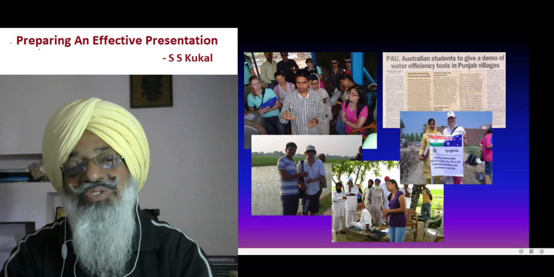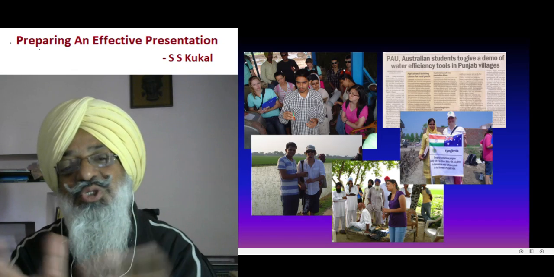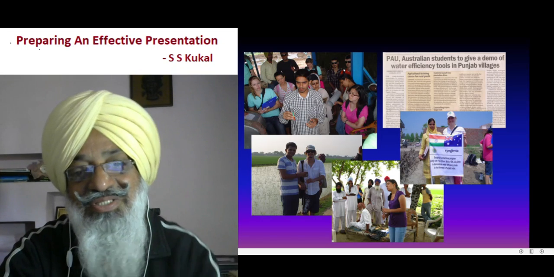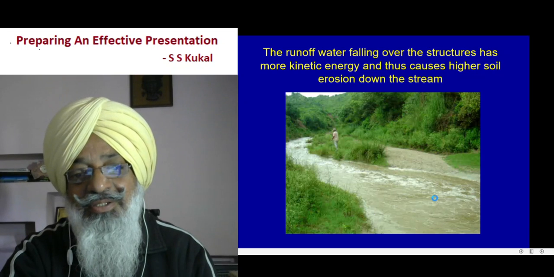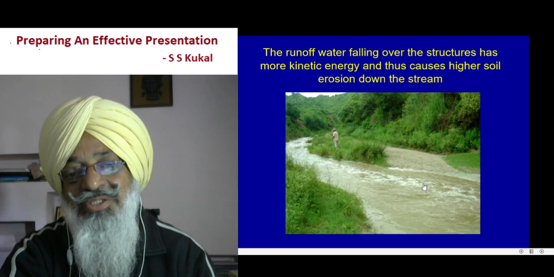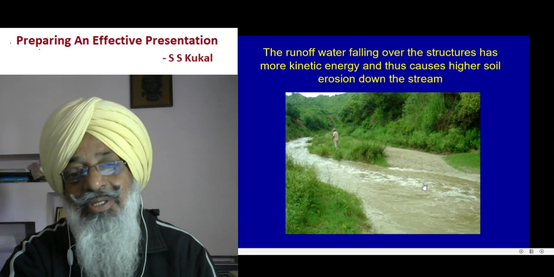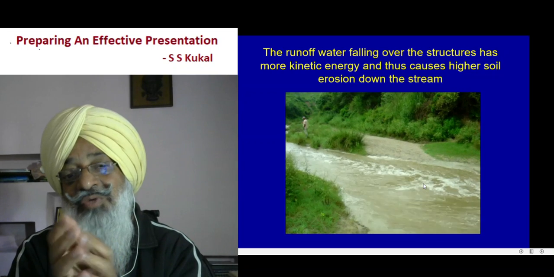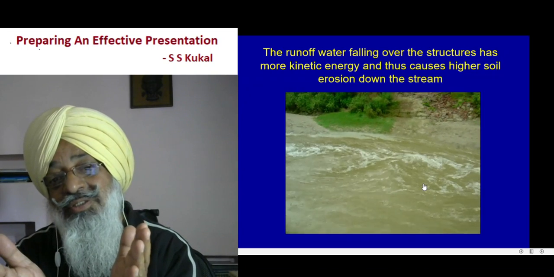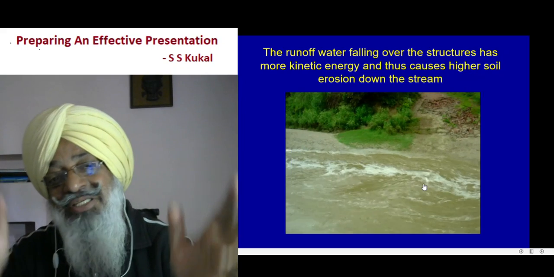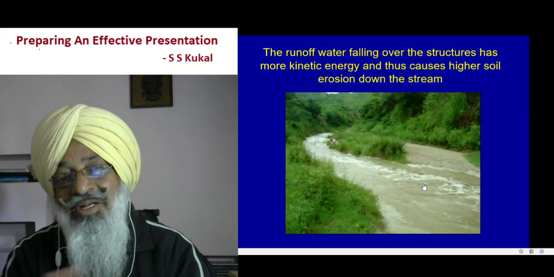You can shorten a bigger story into a few words. This is the beauty of the slide. Then again, you must reinforce your slides with video clippings. Just looking at the clipping, you can see this seems to be a hilly area, so runoff is there.